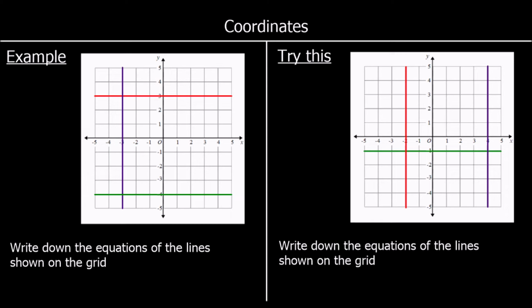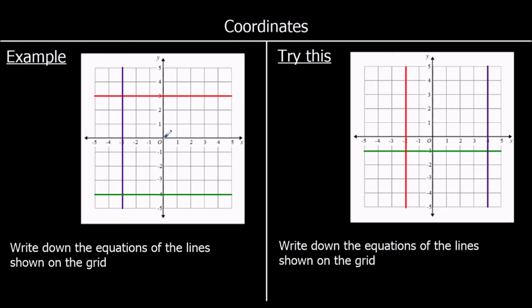One more example. This time we're going to write down the equations of the lines shown on the grid. We've got some straight lines, either horizontal or vertical, and we want to know their equations. Let's look at this red line first and at the coordinates of the points on the line.